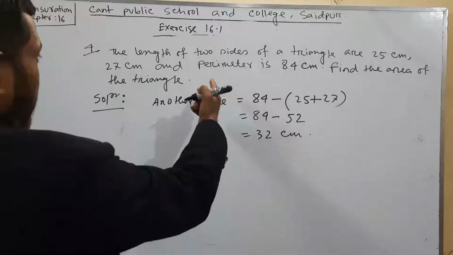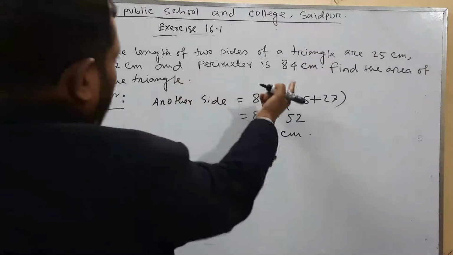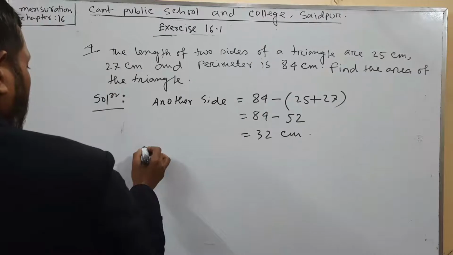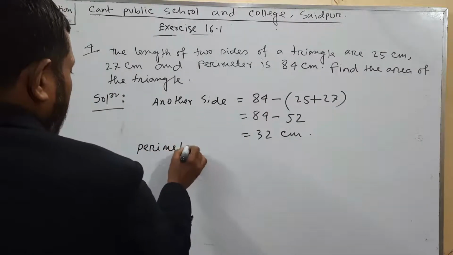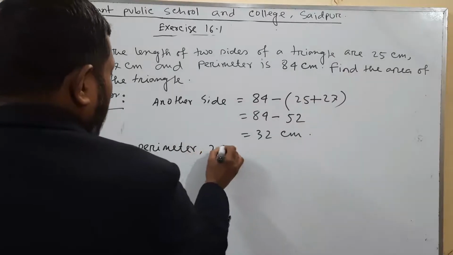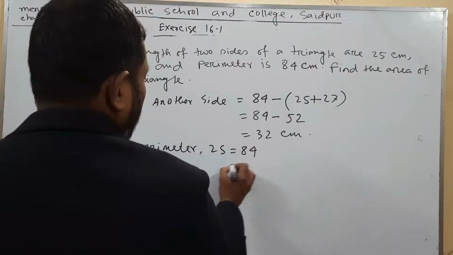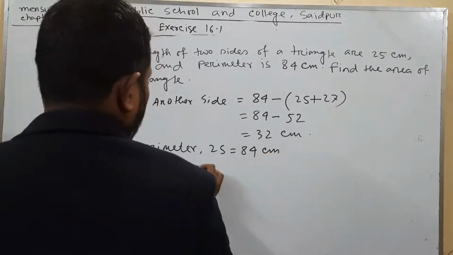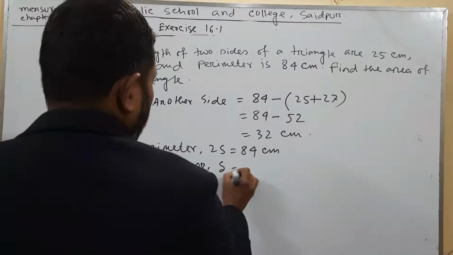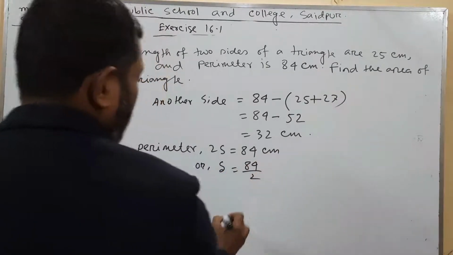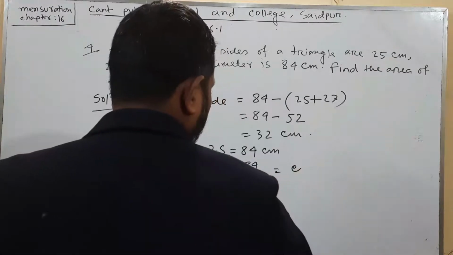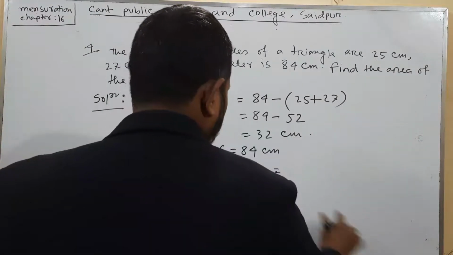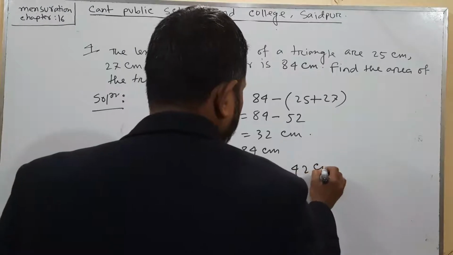Since the perimeter of this triangle is given as 84, the perimeter 2s is equal to 84 centimeter, or s is equal to 84 by 2, that is, 42 centimeter.